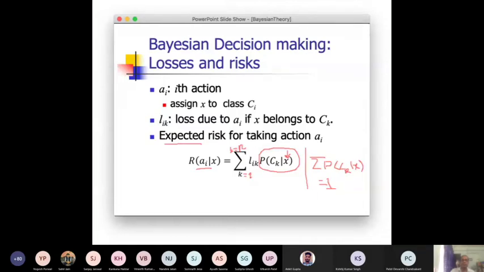So suppose, how many actions are possible here in this case, according to this particular framework? There are n assignments. Yeah, there are n assignments. So you get n such expected risks, one for each action, right? Then which action should you choose?